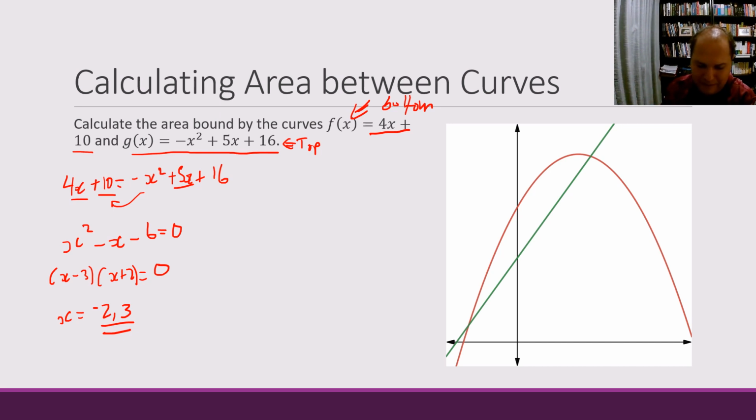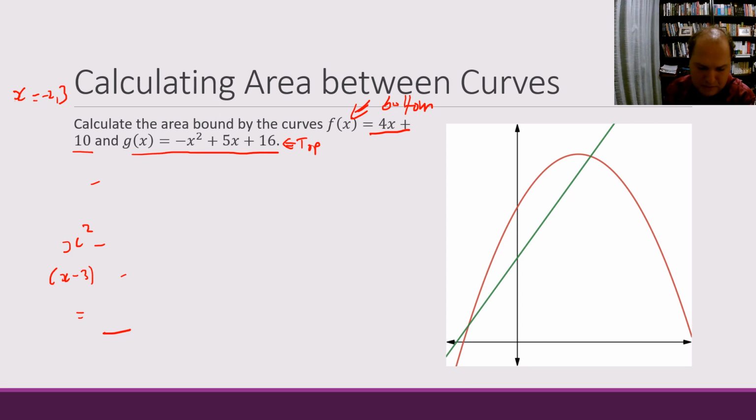I think I'm going to need a bit more space to solve this problem. So what I'm going to do is just write those values up here, and we will get rid of all of this so we can have space to solve the rest of this problem.